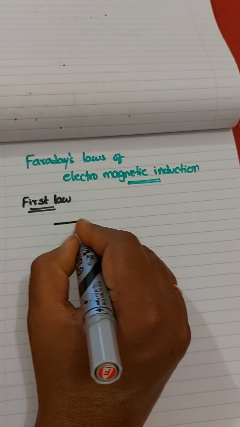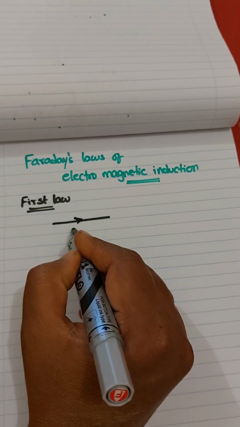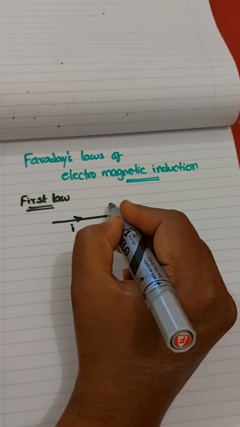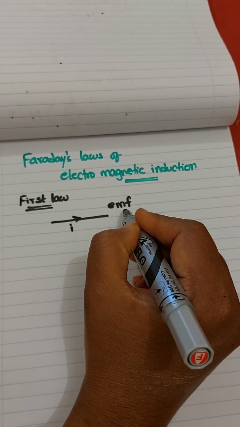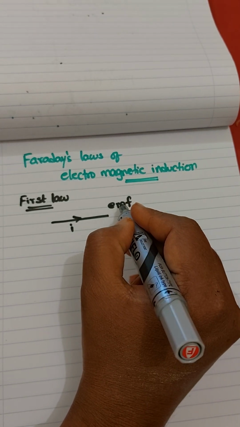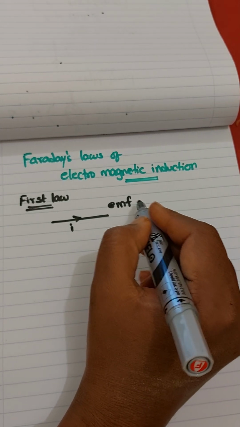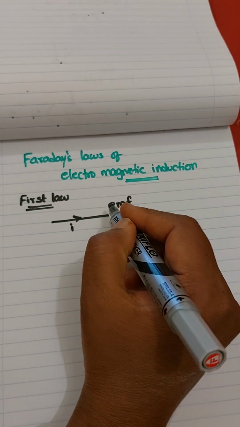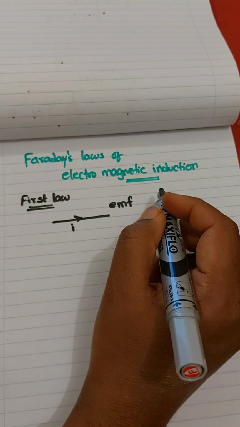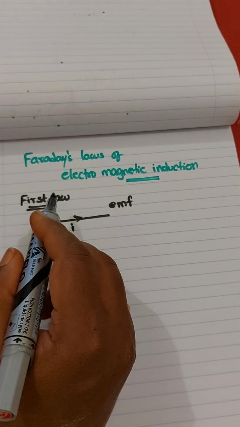So there is a coil. If you give a current, it will induce an EMF, means it will give you electromotive force, EMF, which can obviously be referred to as voltage as well. Okay, so it is giving an EMF. That is what the first law is saying.